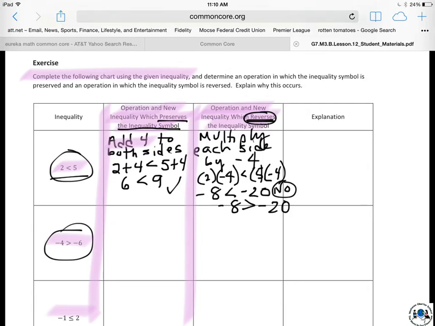But when you're going to reverse, remember multiplying by negatives or dividing by negatives is going to reverse. The explanation, throw it in there if you want, every other one, just to get some practice with that. So go ahead and finish those. Come on back. I'll show you some examples I did.